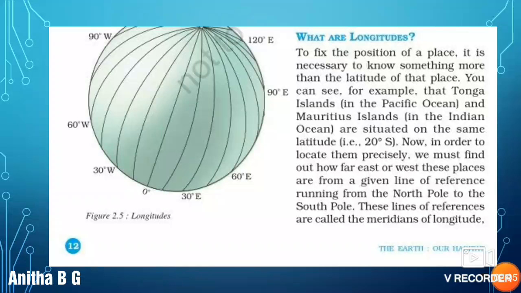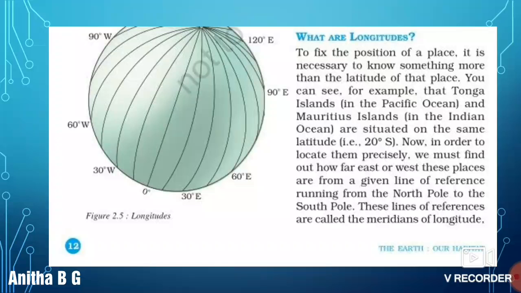In part 2 of this lesson, we will discuss longitudes. To fix the position of a place, it is necessary to know something more than the latitude of the place. For example, Tonga Island in the Pacific Ocean and Mauritius Island in the Indian Ocean are situated on the same latitude, that is 20 degree south latitude.